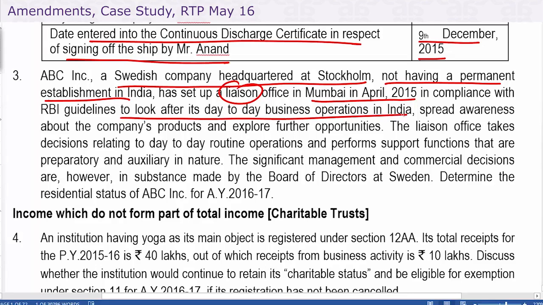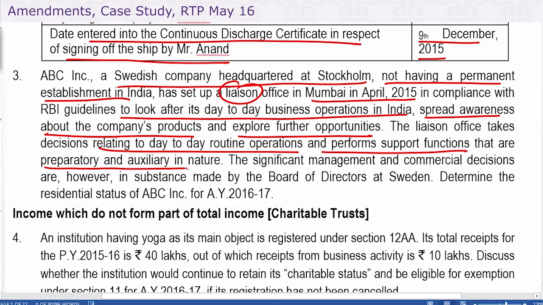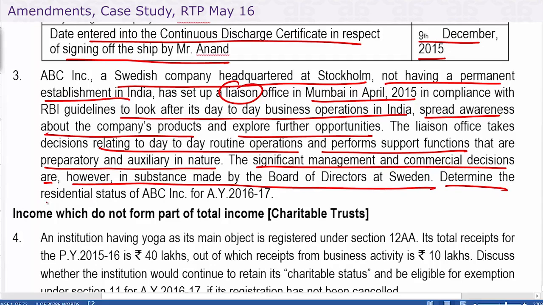So it's just an office which is coordinating the activities, spreading awareness about the company's products and exploring further opportunities. The liaison office takes decisions relating to day-to-day routine operations and performs support functions that are preparatory and auxiliary in nature. The significant management and commercial decisions are, however, in substance made by the board of directors at Sweden. Determine the residential status of the company.